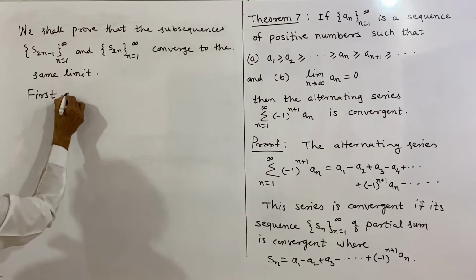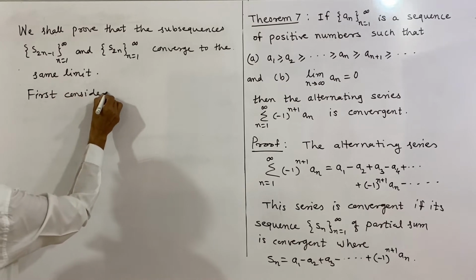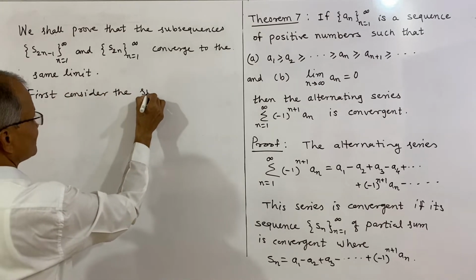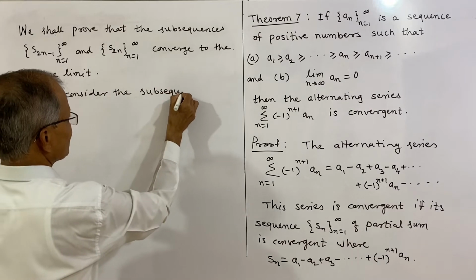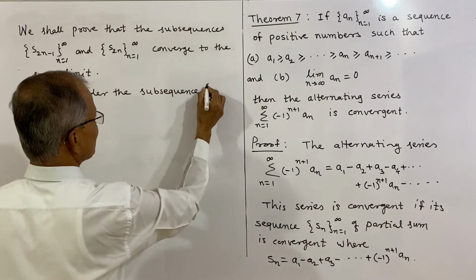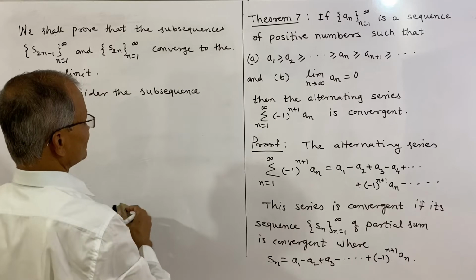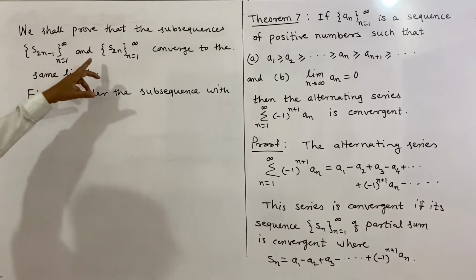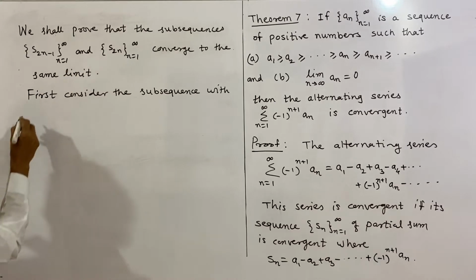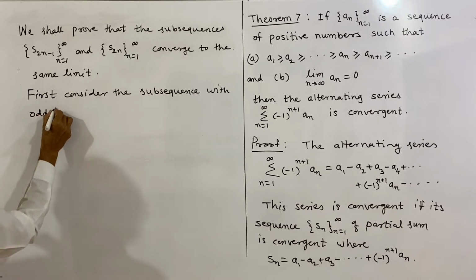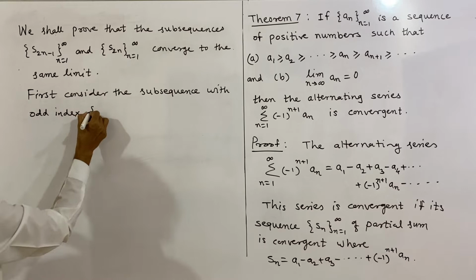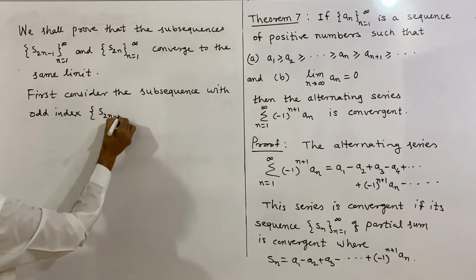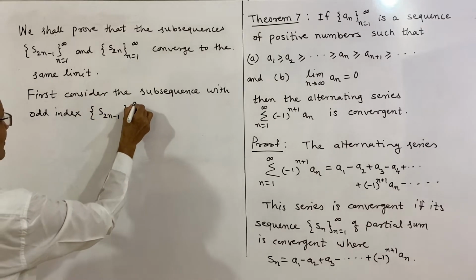First consider the subsequence with odd index. These are two subsequences with odd and even index. That is S2n minus 1, n takes value 1 to infinity.